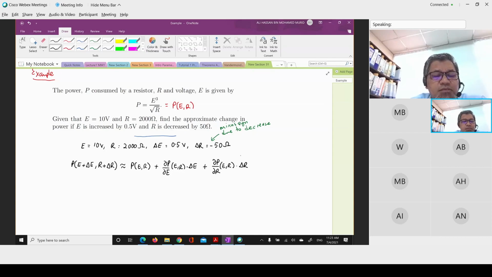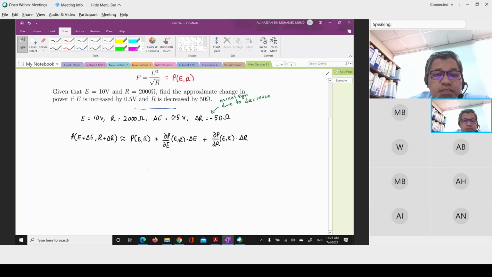If we use X, Y, then we use the linear approximation formula in terms of X, Y. If we use others, here E, R, we use the linear approximation formula in terms of E, R.